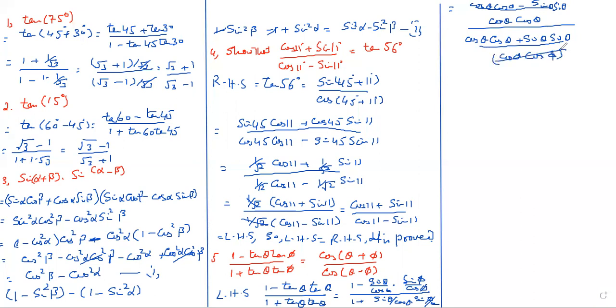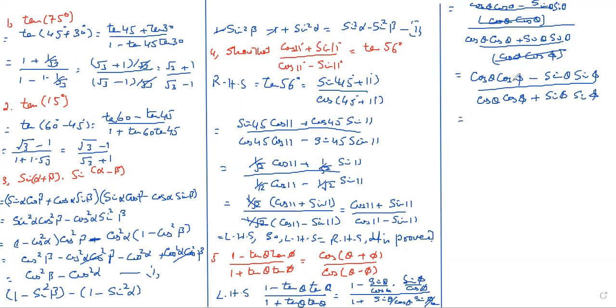So this cancels with this and we are left with cosine theta cosine phi minus sine theta sine phi divided by cosine theta cosine phi plus sine theta sine phi.